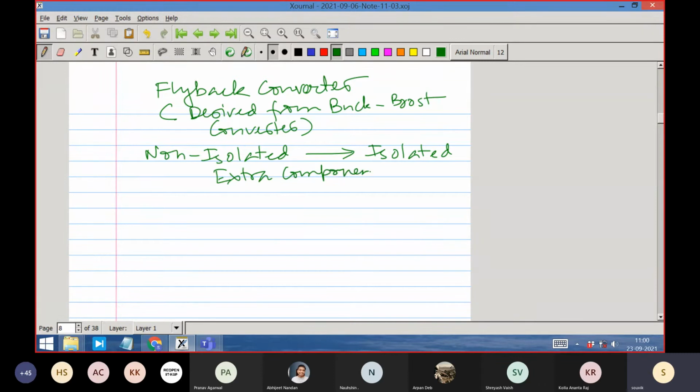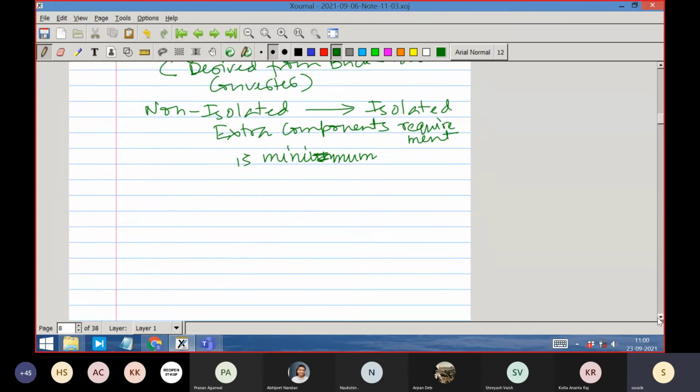That requirement is minimum for this flyback converter. So that is why it is somewhat popular.